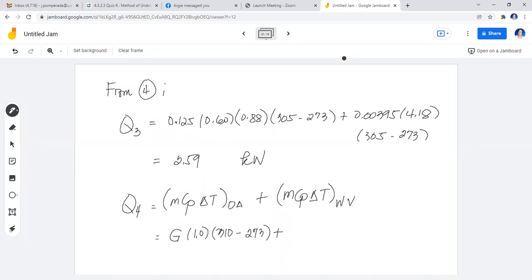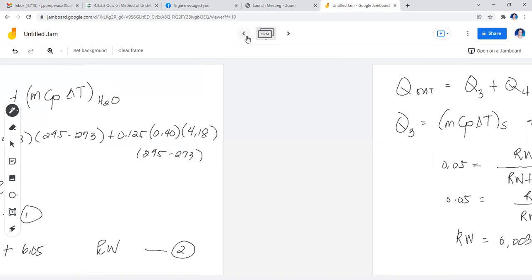Now we go to the water vapor. What about the water vapor? So you will have 0.006 again times the G, humidity of the entering air times the mass of dry air, that would give you the water vapor. Its Cp, which is 2.